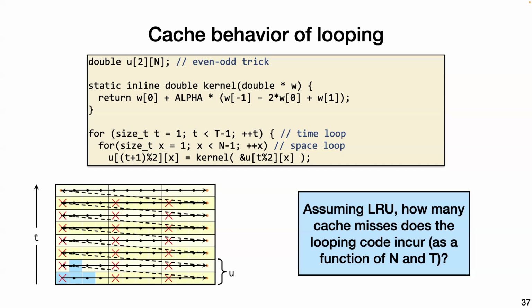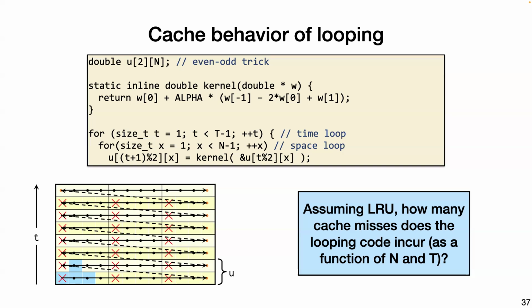And then this is called the even-odd trick. You switch which one is next and previous, depending on where you are in the parity. For the next time step, this is time step plus 1 mod 2. Depending on if you're even or odd, you are either row 1 or 2, and then you just compute the kernel into the other row.